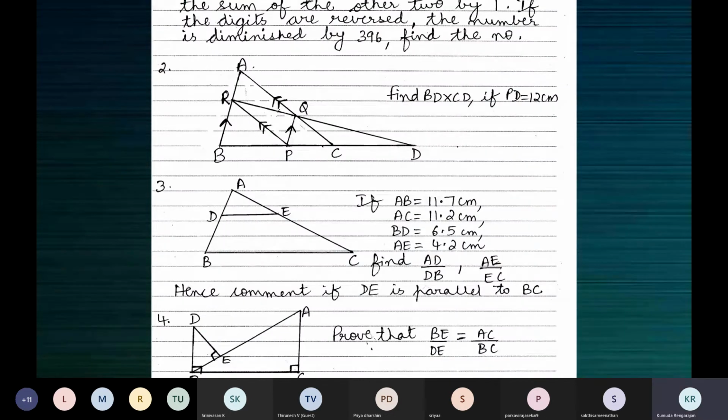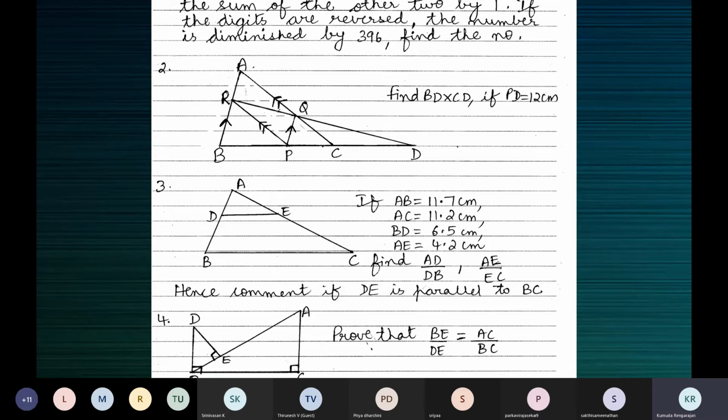For the second one, I can give you a clue. We have PQ parallel to RB. PQ parallel to RB is in which triangle? Triangle ABC.